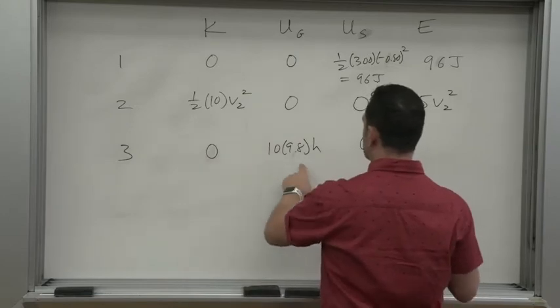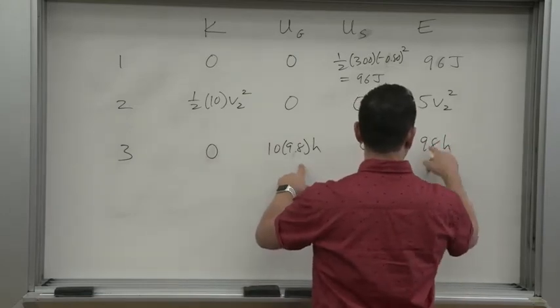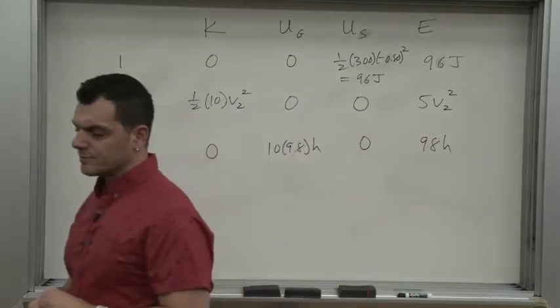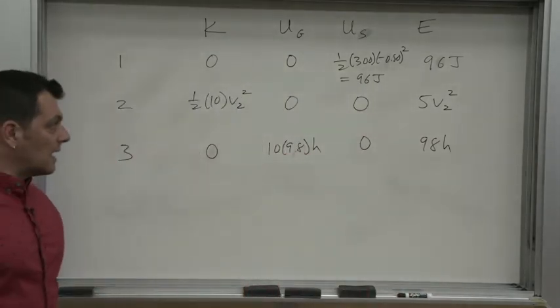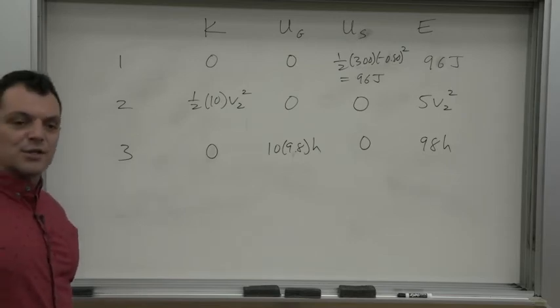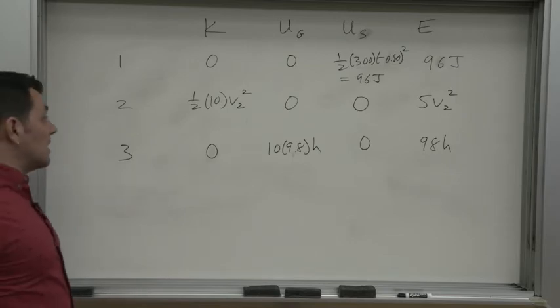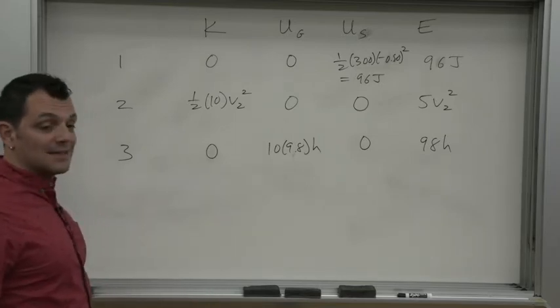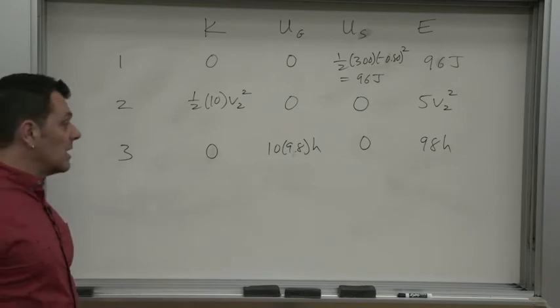So adding these guys up, we get 98 times h, and we're done. Okay, so at position 1, the energy is 96 joules. At position 2, the energy is 5 V2 squared. At position 3, the energy is 98 H.